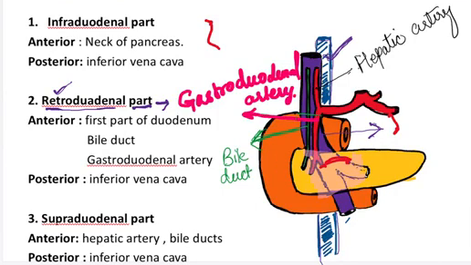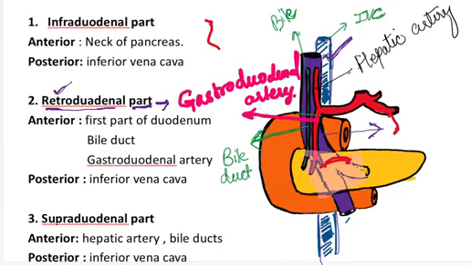This green colored structure is the bile duct, which is lying towards the right side. So we have the hepatic artery on the left and the bile duct on the right, in front of the supraduodenal part of the portal vein. And posterior, as we all know, in the entire course is what? Inferior vena cava. So the posterior will be, there will be no change, it will be inferior vena cava.